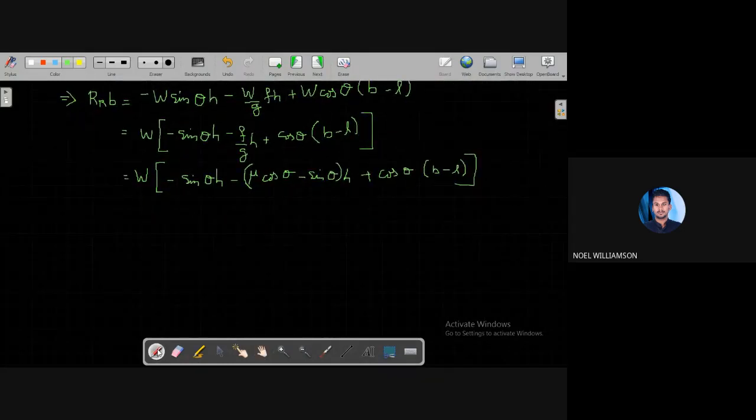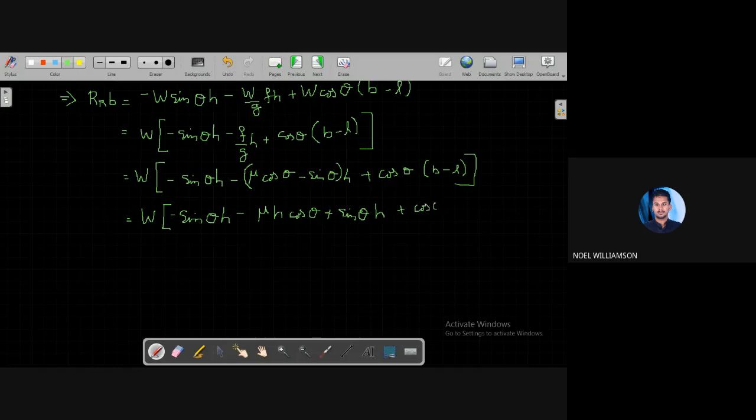Now, by opening the brackets, we will get minus sin theta into h minus mu h into cos theta plus sin theta into h plus cos theta into b minus l.